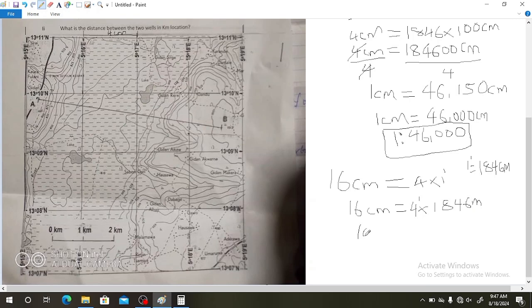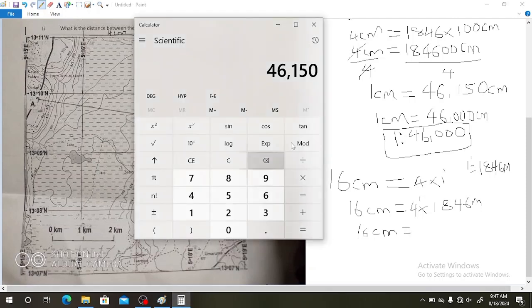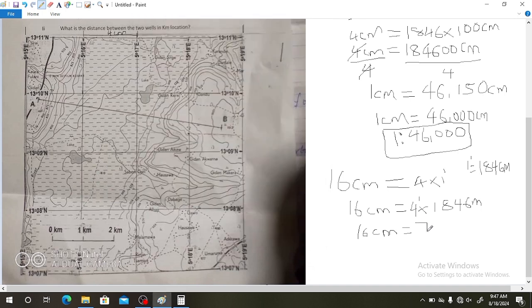So here we'll have 16 centimeter is equal to, let me bring my calculator, 4 times 1,846. I have 7,384 meters.